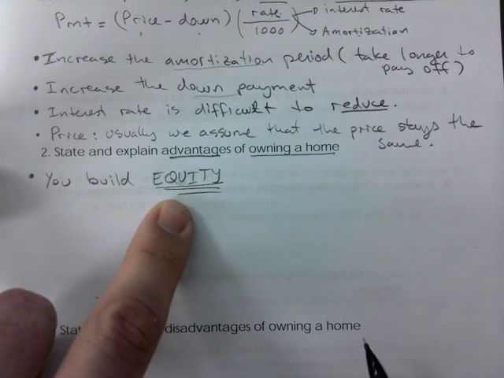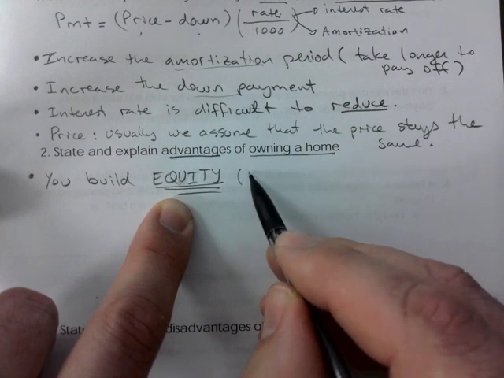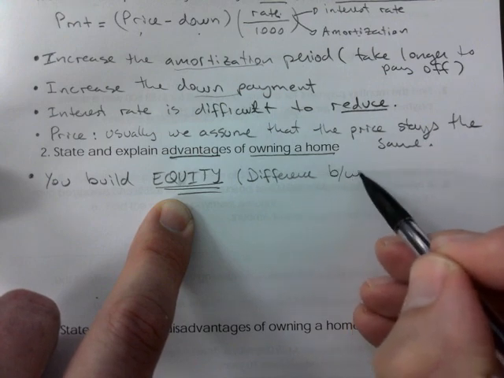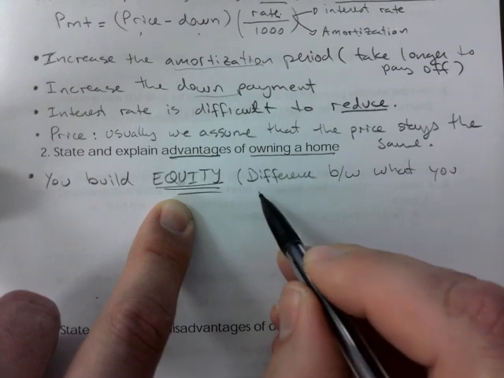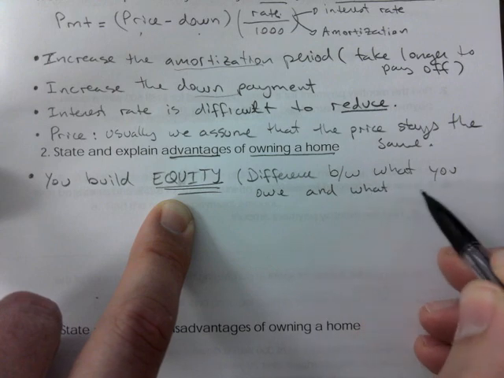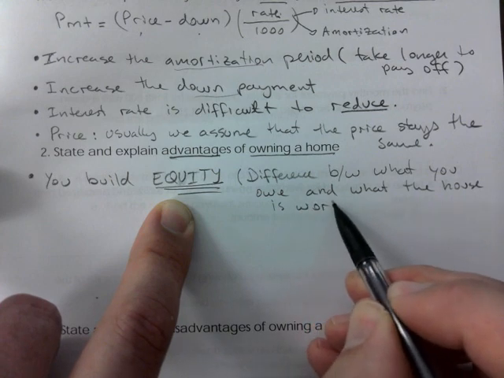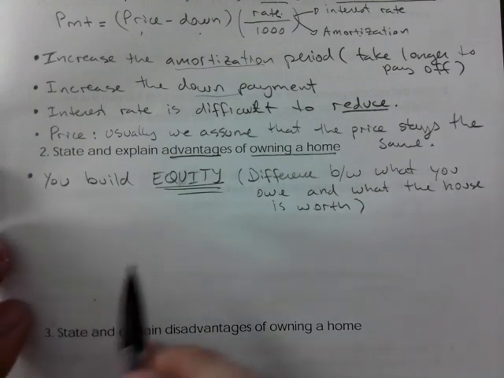Okay? You build equity. This is the difference between what you owe and what the house is worth. I would have that down in case I asked you to explain. The difference between what you owe and what the house is worth is what we call equity.